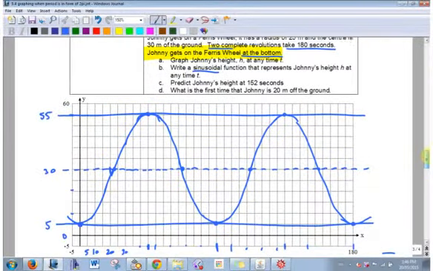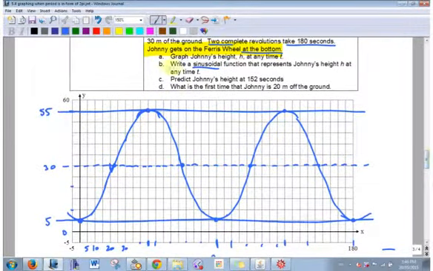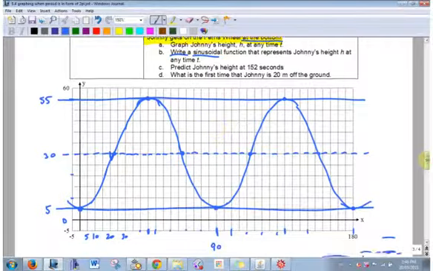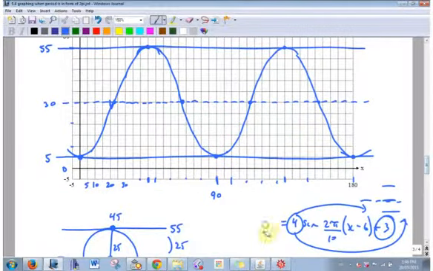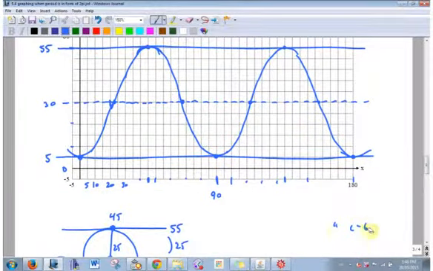So, there it is. What is the equation for this graph? Right, a sinusoidal function. Now, who likes sine? All right, sine it is. What's my amplitude? From here to here is 25.